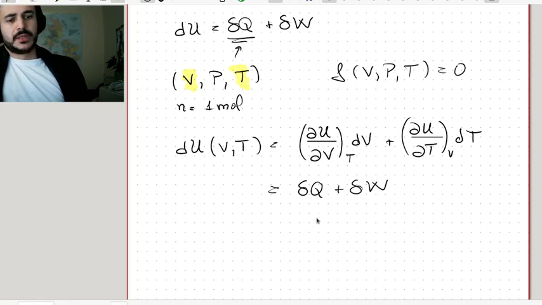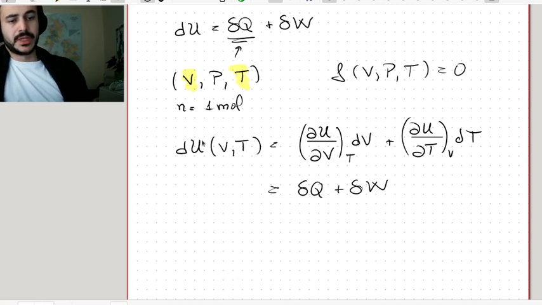Of course you know that the left-hand side of this expression, the differential of U, is a differential of a function of state. And because of that, the differential is independent of which specific path you choose to take between the two infinitesimally close neighboring equilibrium states that you're thinking of.